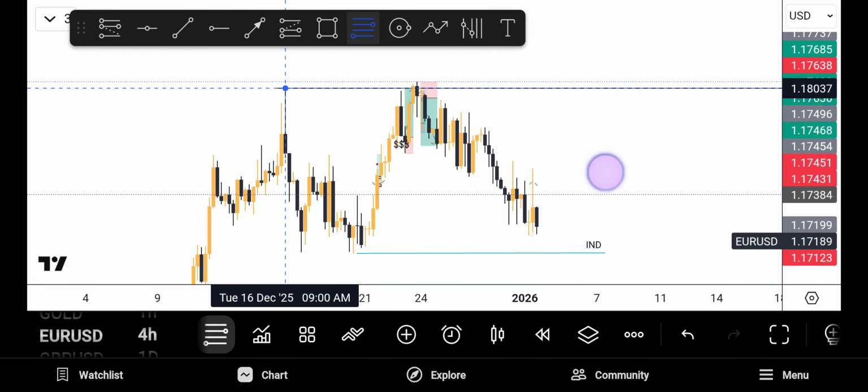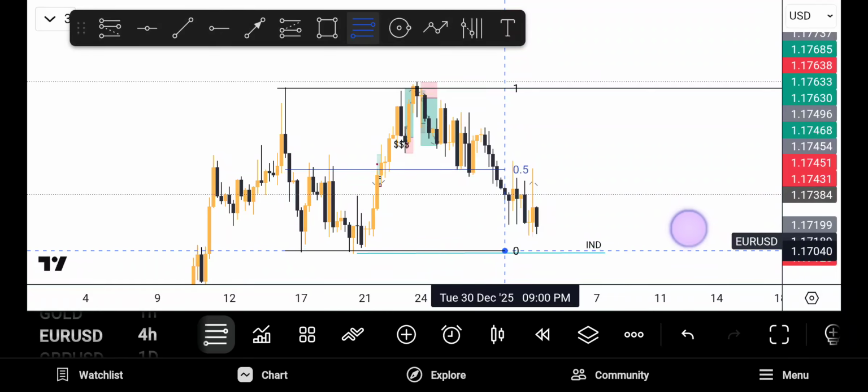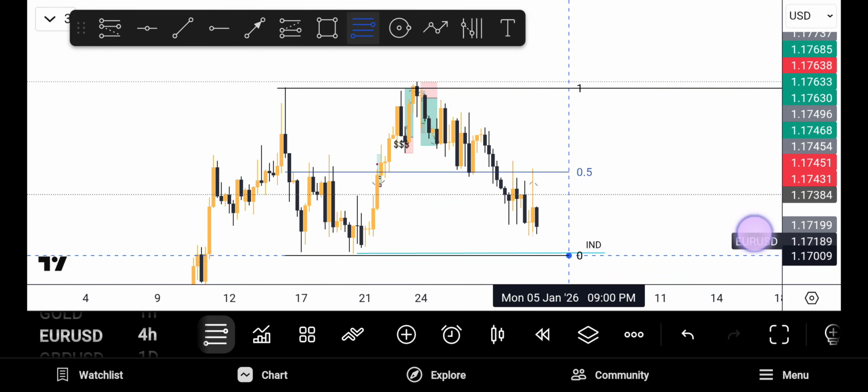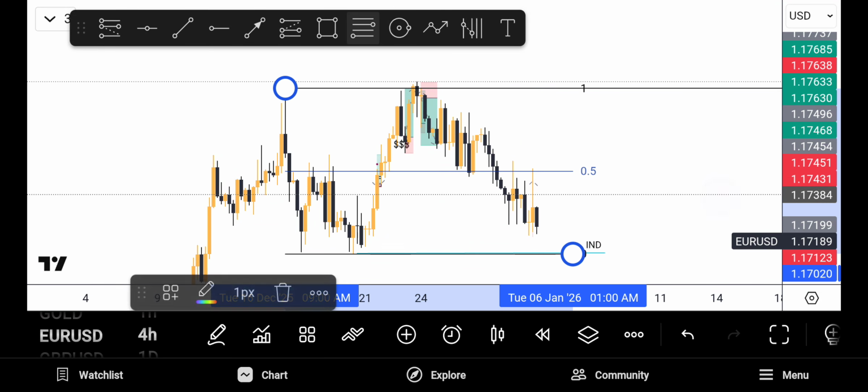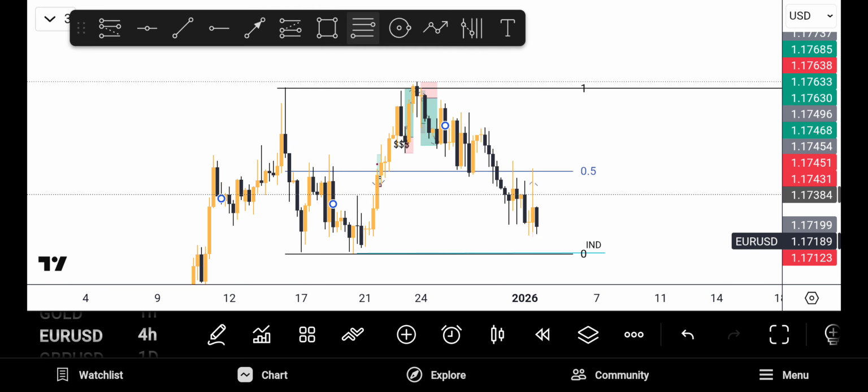They always tell you buy from discount, sell from premium. 50% and below is a discount, and the 50%, which is 0.5 upward to 100, is the premium. So we want to buy, so we need to buy from the discount.